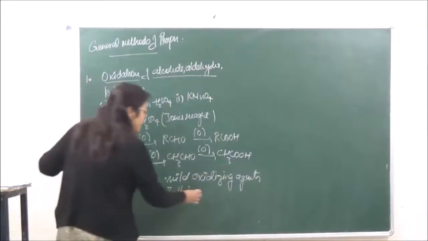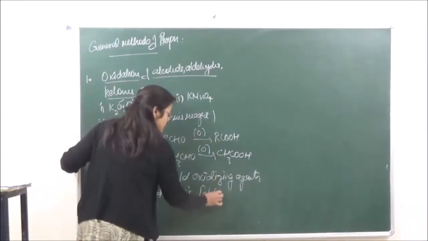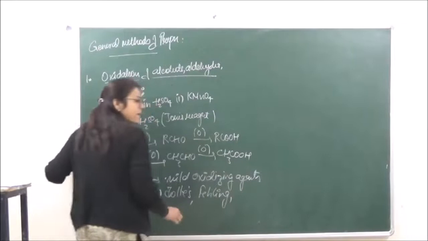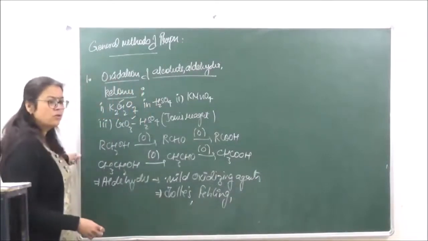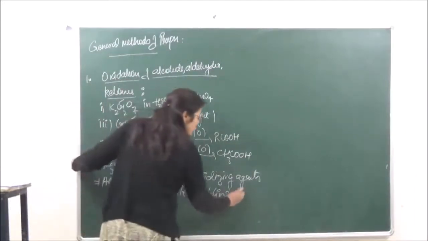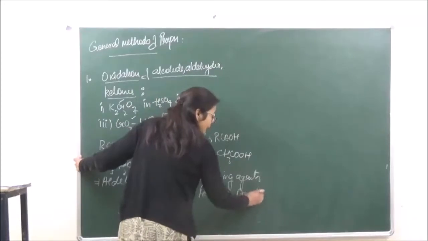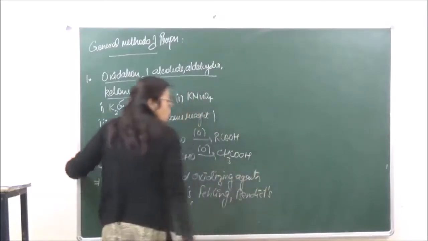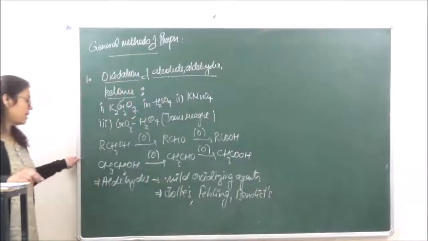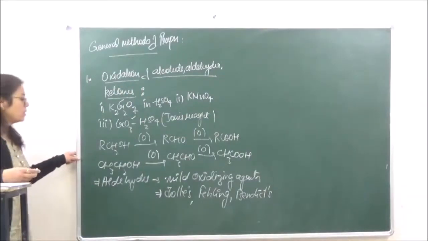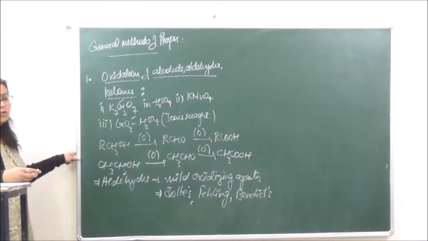Then we did Fehling solution. Then after Fehling, what did we do? Benedict solution. So all these mild oxidizing agents are going to oxidize the aldehydes to acids.